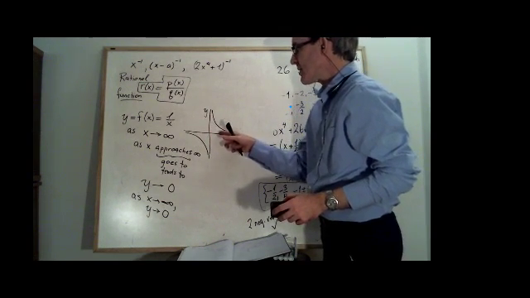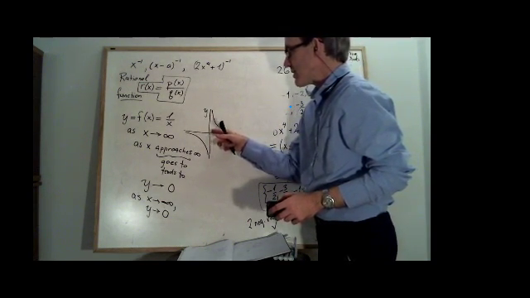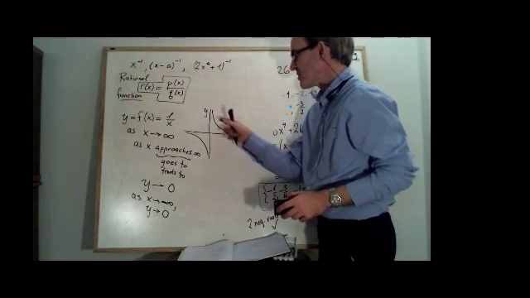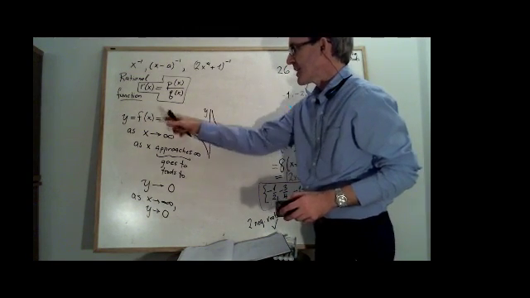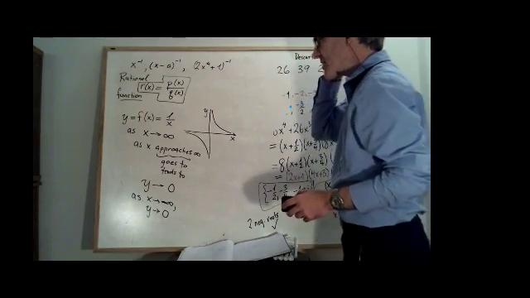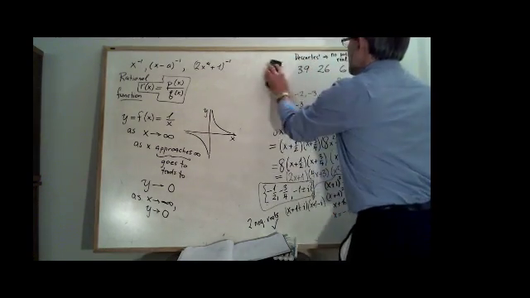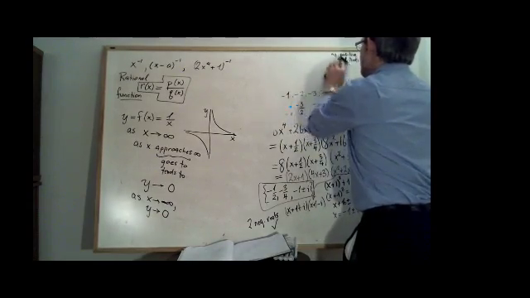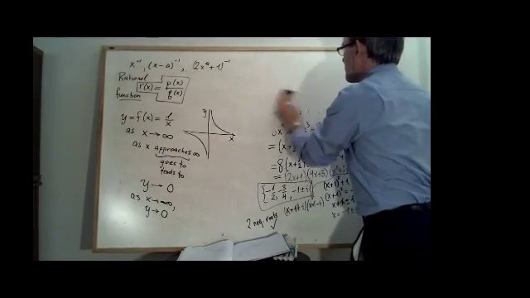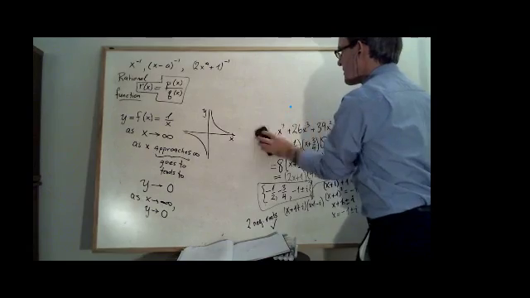We can never really get to x equals 0, because if we try to plug it in, we won't get a y. So x equals 0 is actually not in the domain of this function. But we can still describe the behavior in terms of this arrow notation.